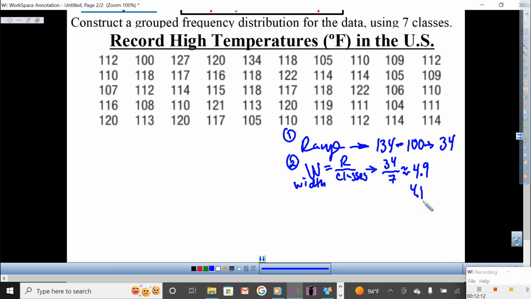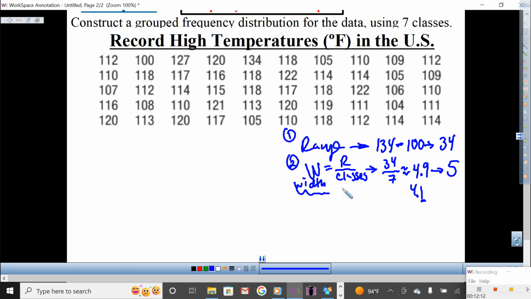If I was to round off, this would be close to 4.0. We're rounding up. Anything after 4 has to be what? 5. We're rounding up. Okay, so since it's 4.9, we're going to round up to 5. That's our what? Our width.